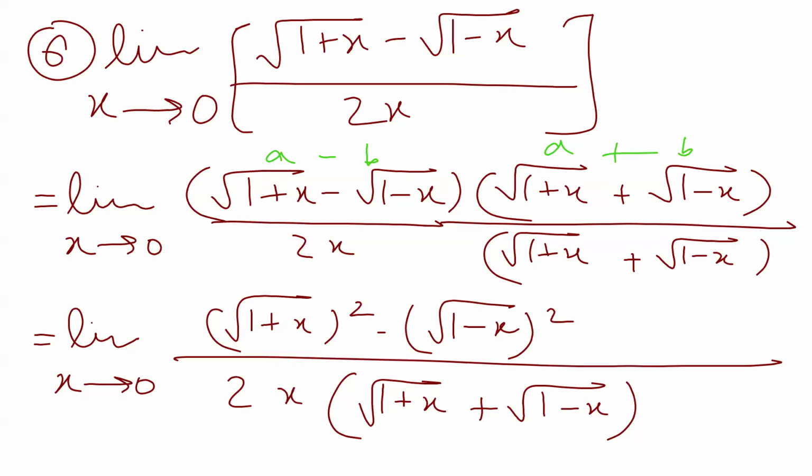Okay. So you have to give respect to that minus sign in between. Just don't randomly, you know, open all the brackets. So it will be 1 plus x within the bracket minus 1 minus x within the bracket in the numerator.